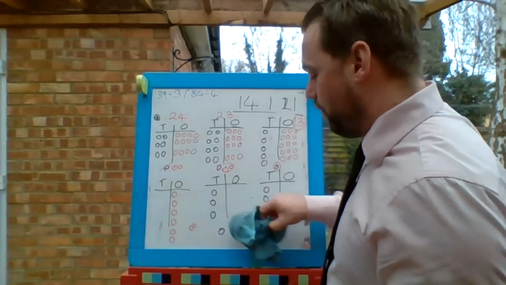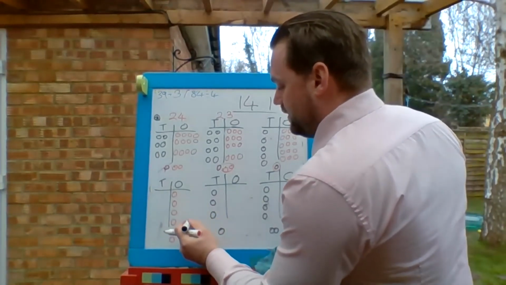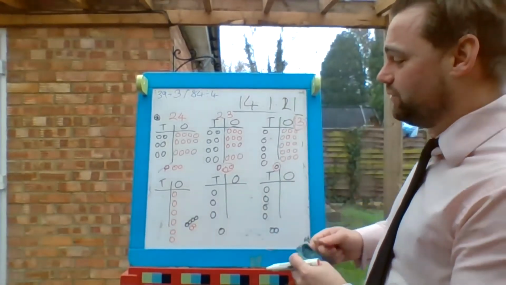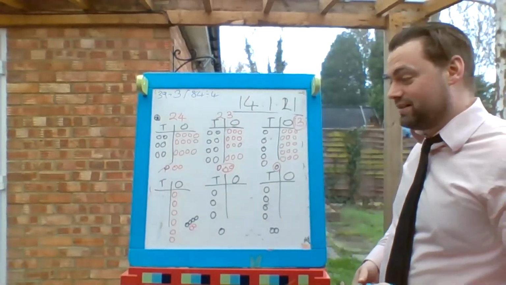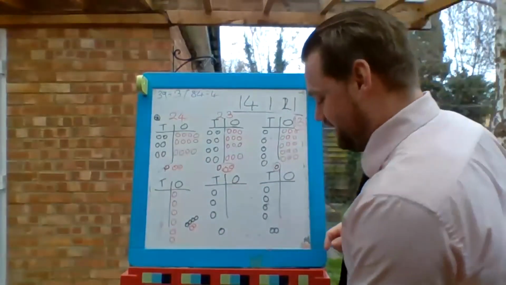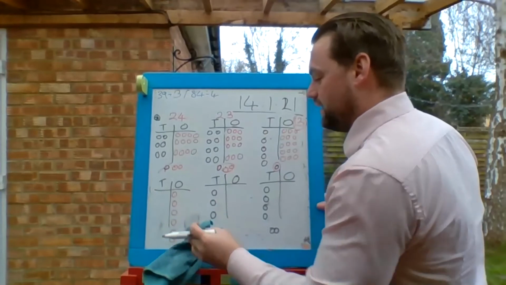And I've got 4 lots of 10 left over, okay? I need to exchange my 4 tens into 40 ones, okay? And I've got to put my 40 ones in this group. This may take me a bit of time, okay? I'll try and be as quickly as I can.